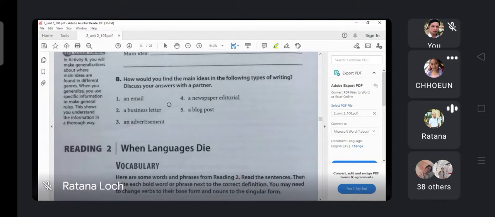I think that many of you know very well how to write email, right? I mean formal email. So you have the opening, you have greeting, you have the body of the email, and the closing. The closing is really important, depending on formal or informal.